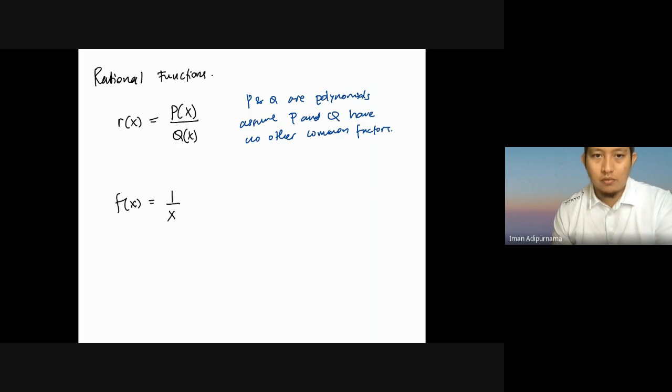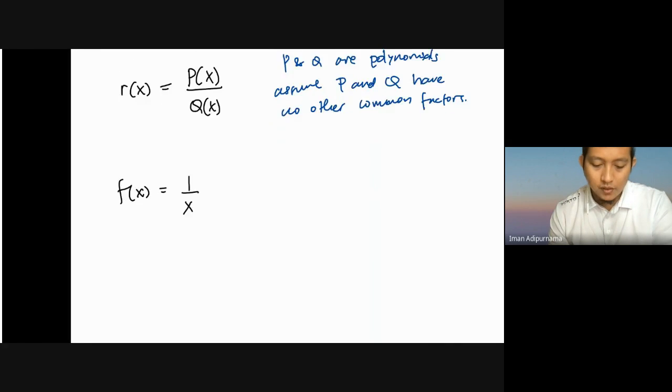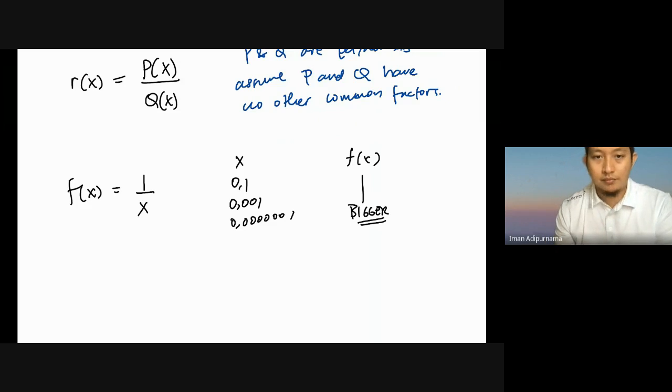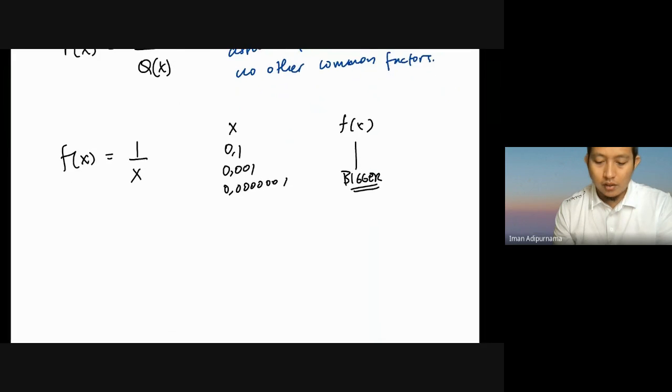Okay, now I think I'm also doing the same approach as in calculus, in the limit, right? If you remember, when we have x getting closer to 0, maybe 0.1, then 0.001, or maybe 0.000001, the function is getting bigger as you get closer to 0.